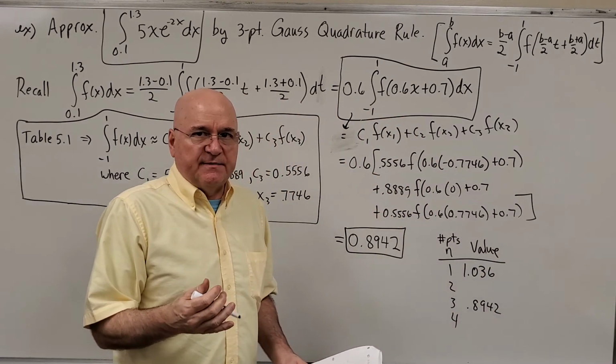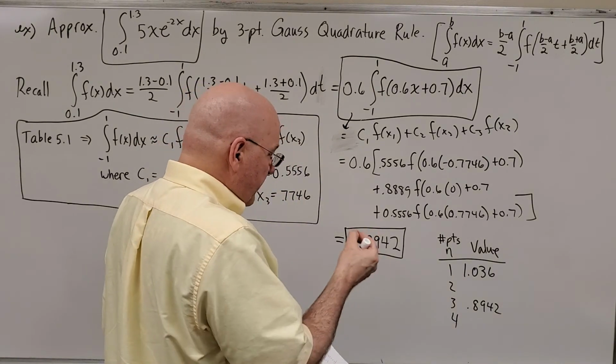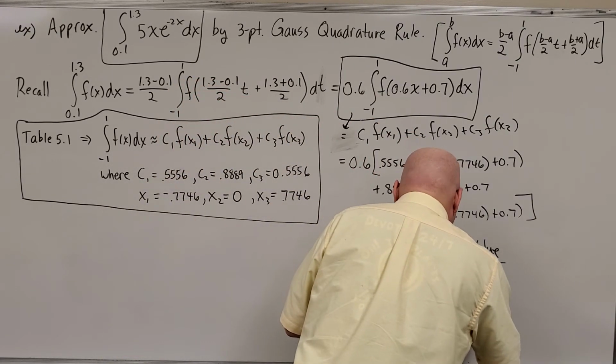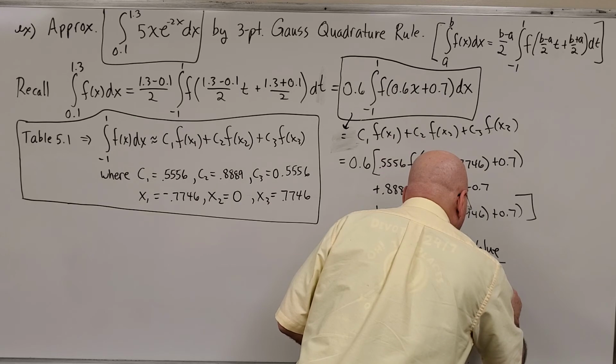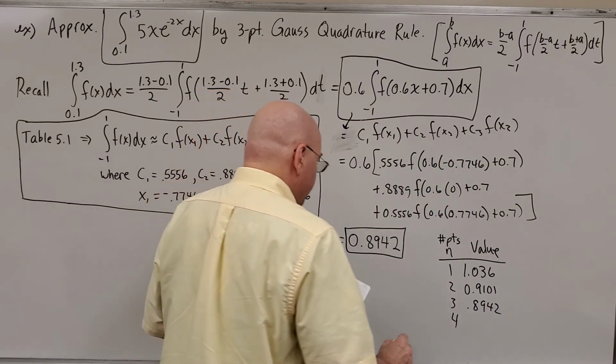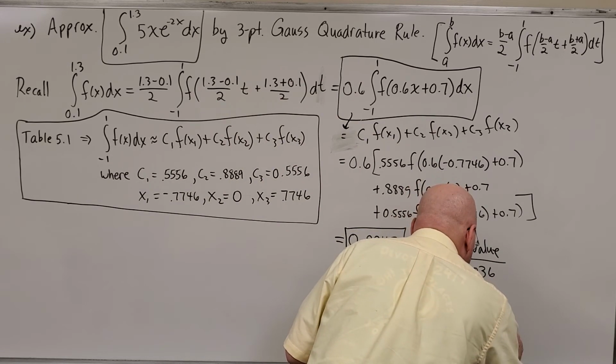Not a very good approximation, but you're using just 1 point and 1 weight. 2 would get us to 0.9101. And 4 gets us to 0.8939.